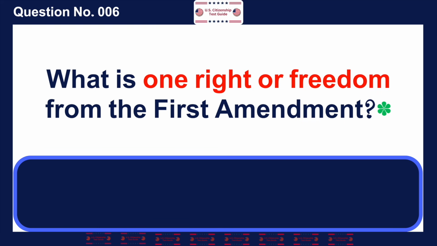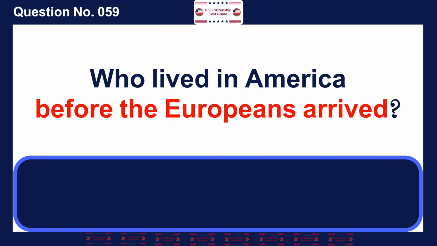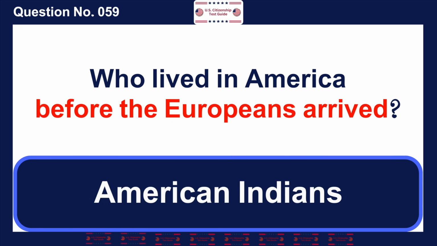What is one right or freedom from the First Amendment? Speech. Who lived in America before the Europeans arrived? American Indians.